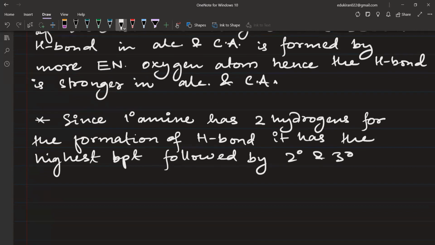Okay. If I just compare the different types of amines, primary has the highest boiling point, followed by secondary, followed by tertiary amine.